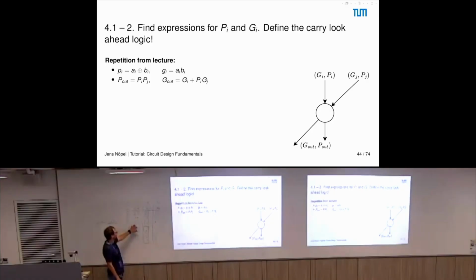If A and B are both 1, then I generate a carry independently of the Cin. And now the question is when do I propagate? I propagate if one of my inputs is already 1, because what would happen if I had a Cin and one of my inputs was already 1? I would just create a carry, and that is why propagate is A XOR B.